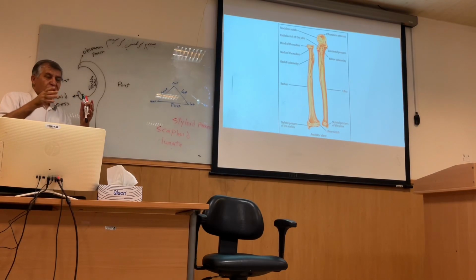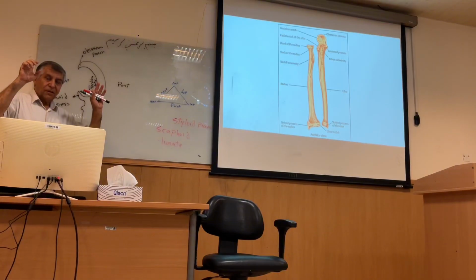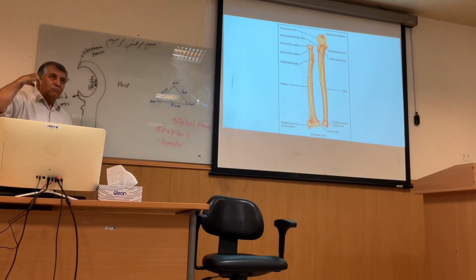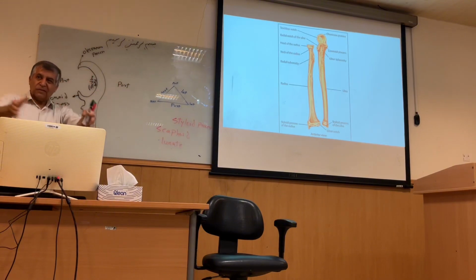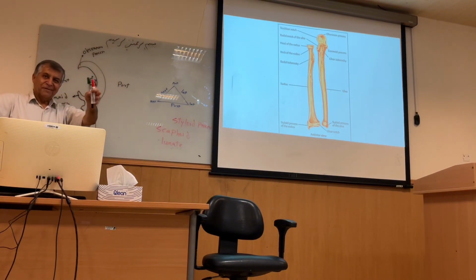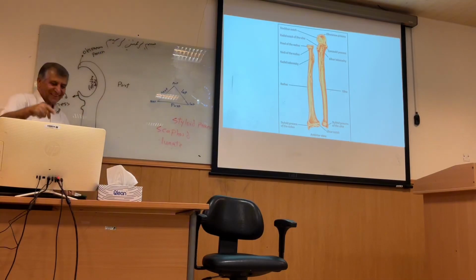In experimental, you need to use eye, vision, and touch. To memorize more, you need to spell. Now you can see, so you must be active. This part is lateral. This part is medial.